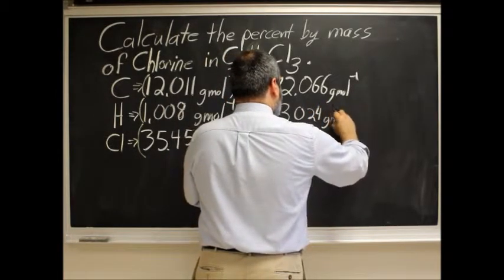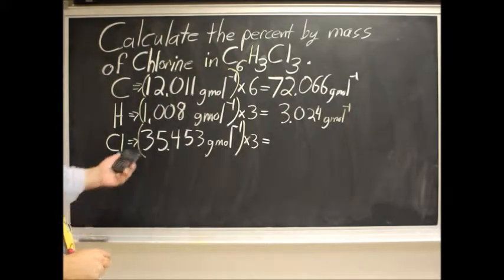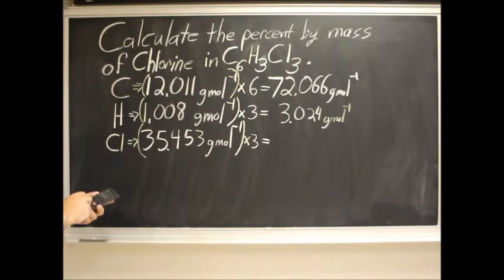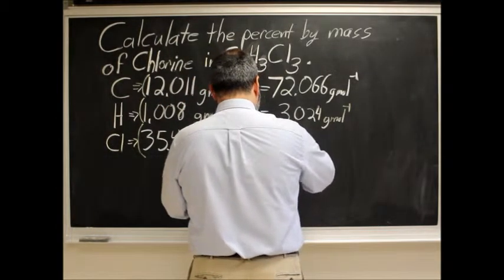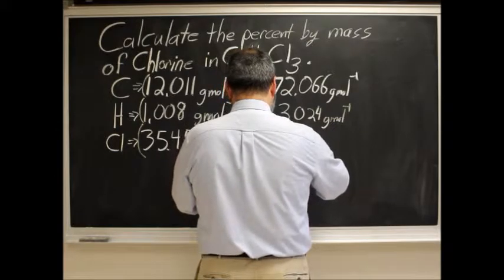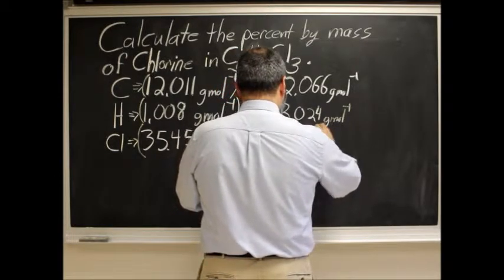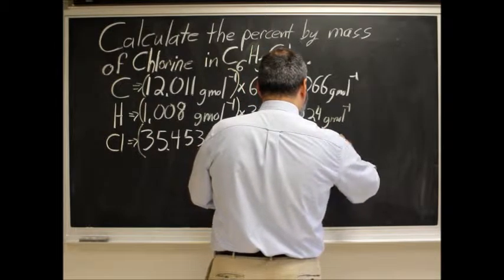All of these units are in grams per mole. And the chlorines, their contribution is 106.359 grams per mole.